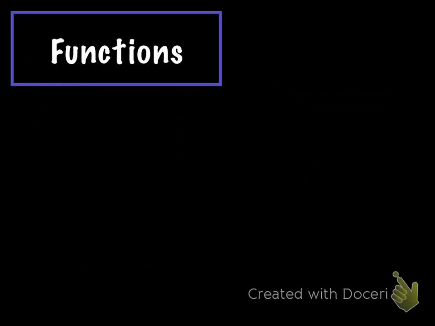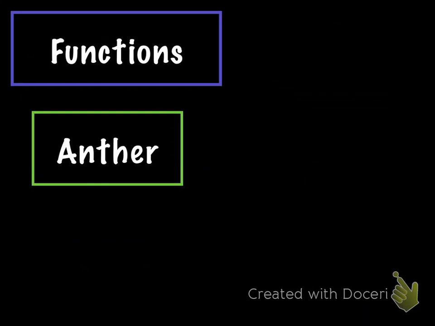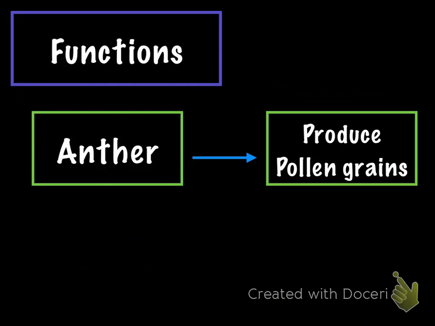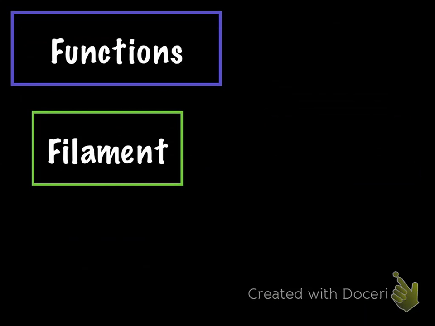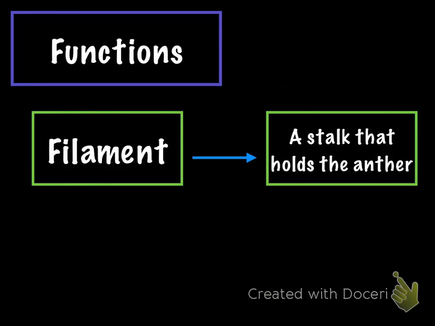Now, let us recap on the functions. Since we have learned about the parts, let us recap on the functions of the parts of a flower. Now, anther. What is the function of the anther? The function of the anther is to produce pollen grains. And what is the function of the filament? The filament is a stalk that holds the anther.